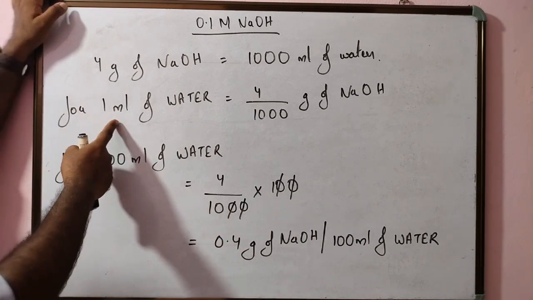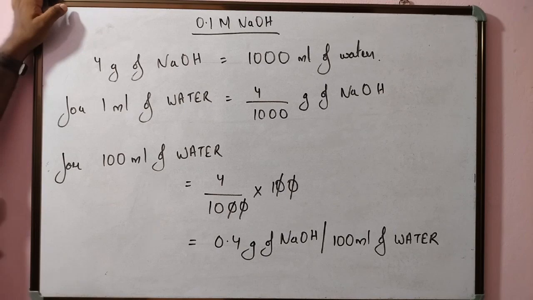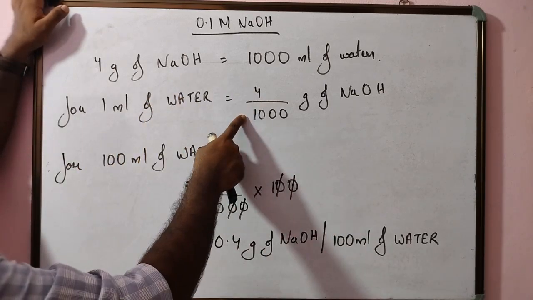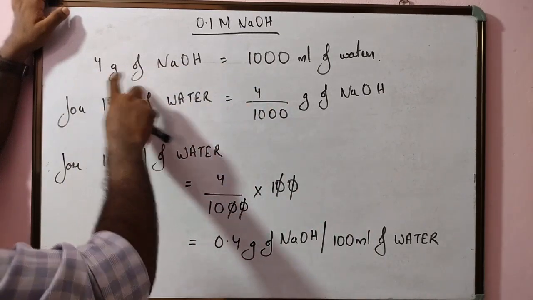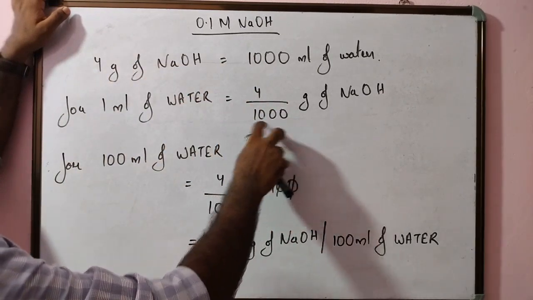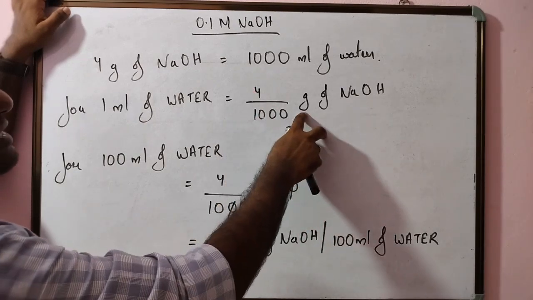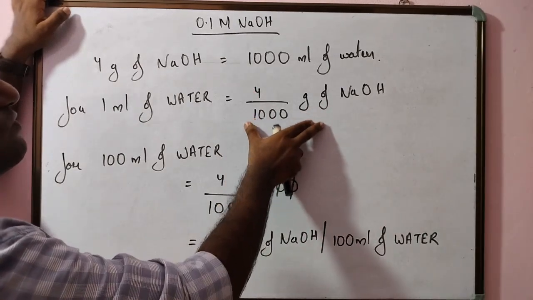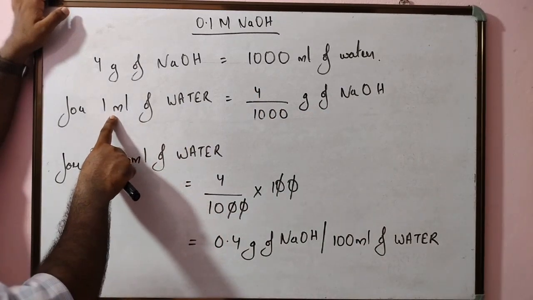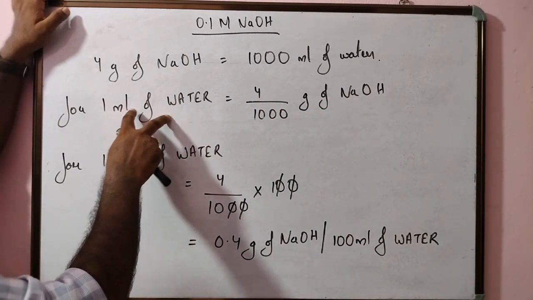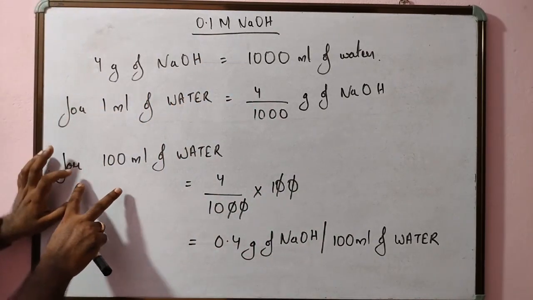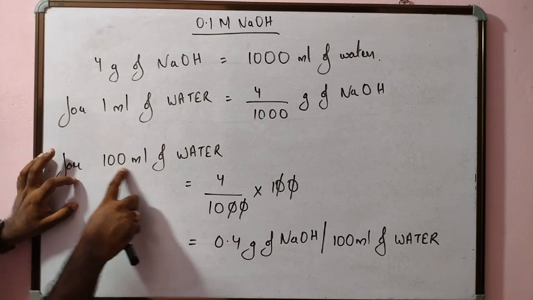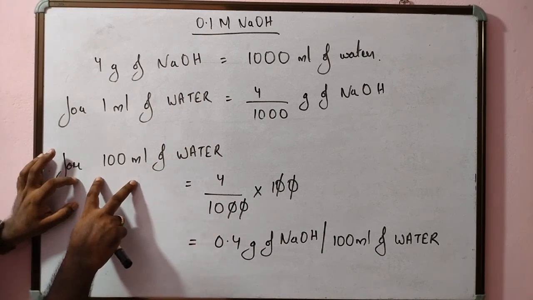For 1 ml of water present in the lab, the grams of NaOH that would be required is 4 divided by 1000. So 4 divided by 1000 gram of NaOH is what would be required if 1 ml of water is present to prepare 0.1 molar NaOH. At the present situation, 100 ml of solvent is present in the lab.